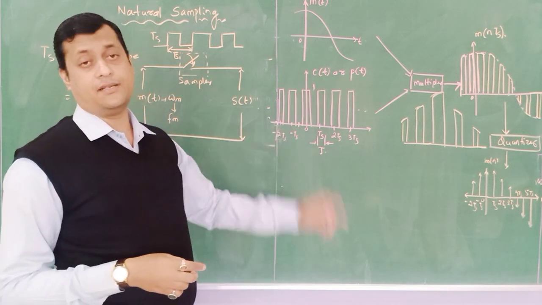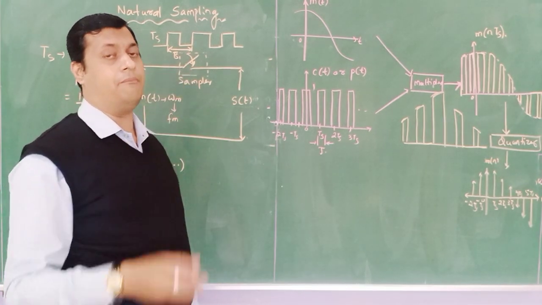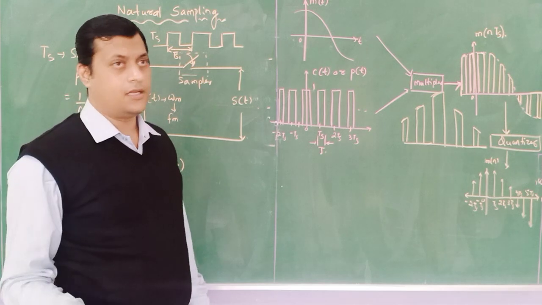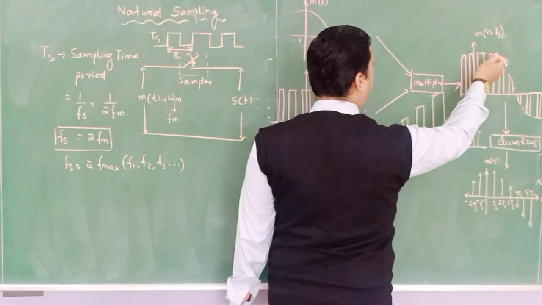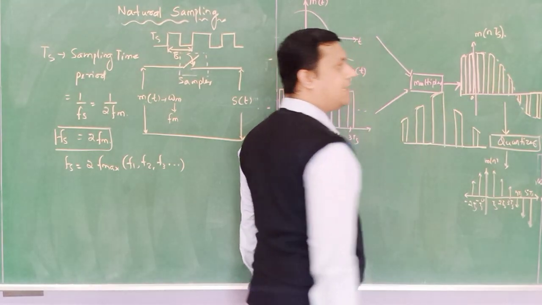Since it is a sampled signal, we will not get a sample output with uniform amplitude. It will have a different amplitude at each position. You can see that at Ts the amplitude is different, at 2Ts different, at 3Ts different, at 4Ts different.